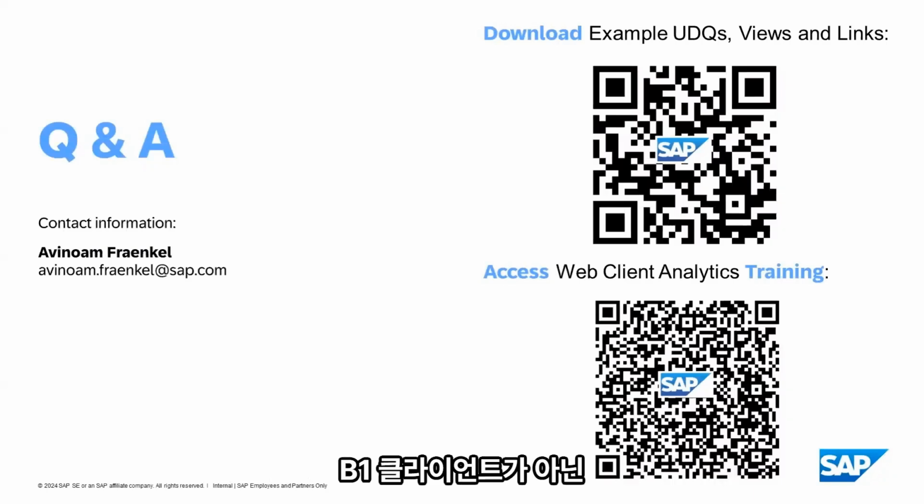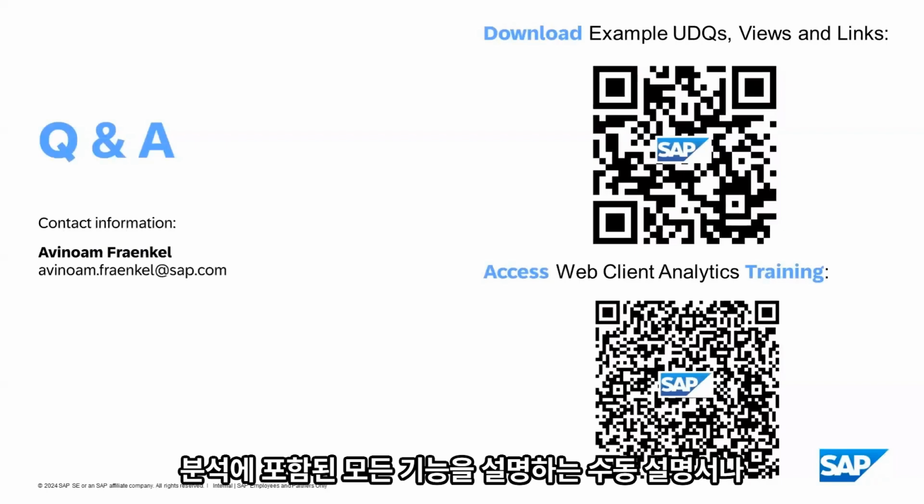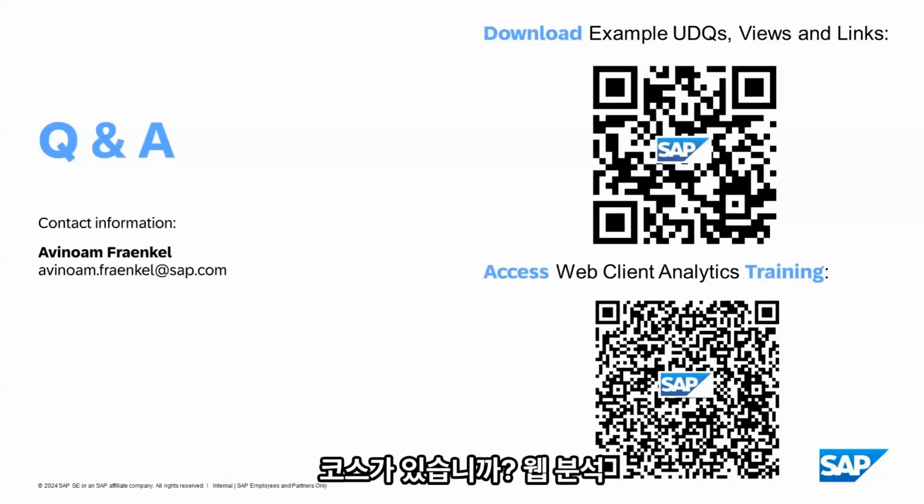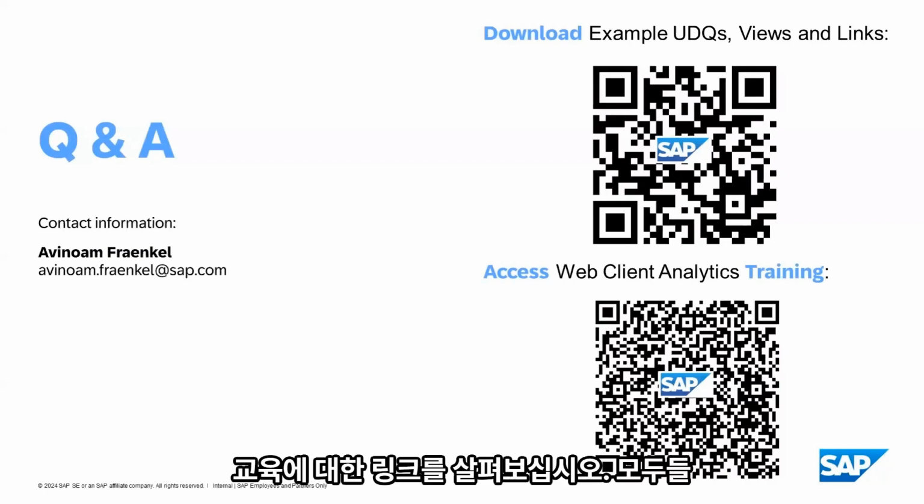Okay. The next one is a bit long. Is there any manual documentation or course that explains all the functions contained in SAP Analytics so that partners that use the B1 client, not the web client, can gain some basis to enter this new world? Have a look at our link to the web client analytics training, please, everyone.